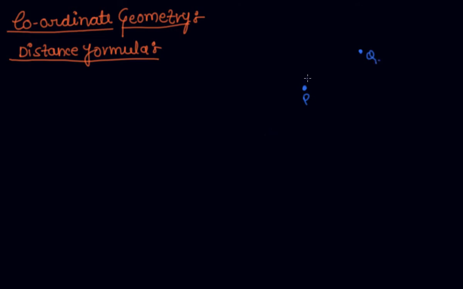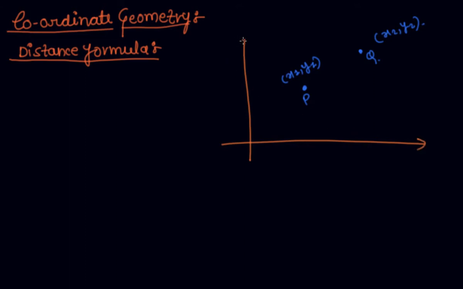Let us take these 2 points: P, whose coordinate is x1 comma y1, and the second point Q, whose coordinate is x2 comma y2. Now draw the coordinate axes.